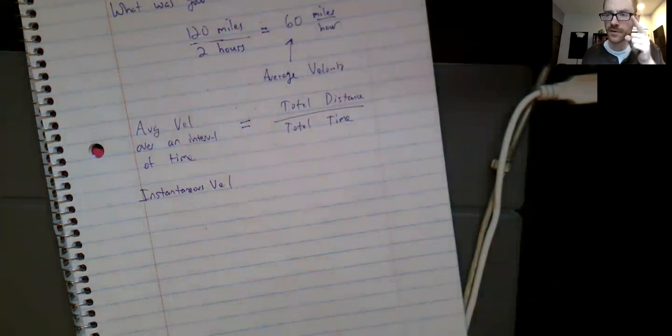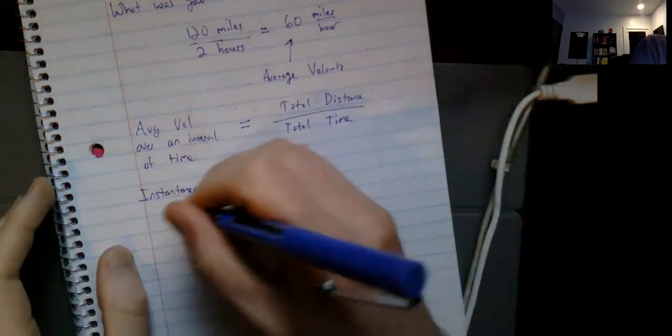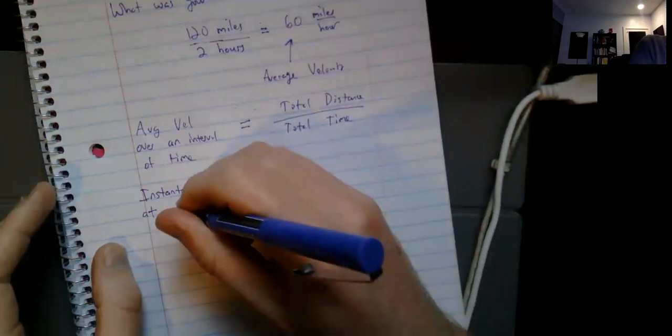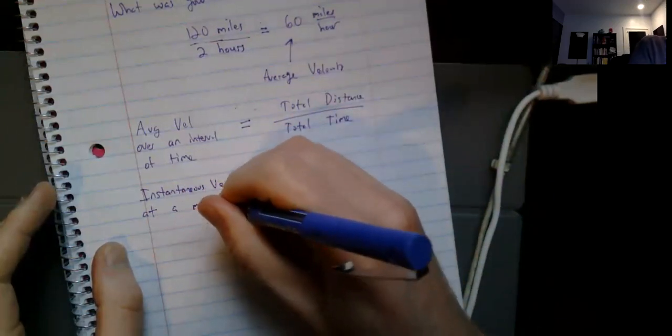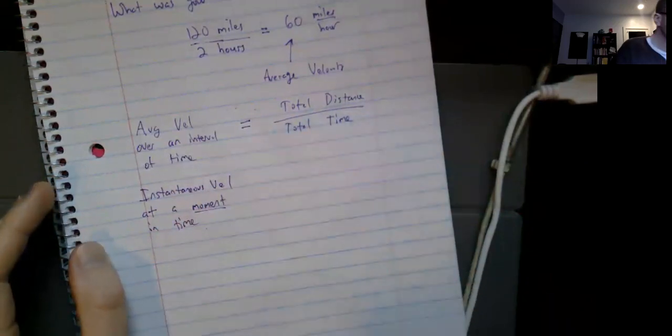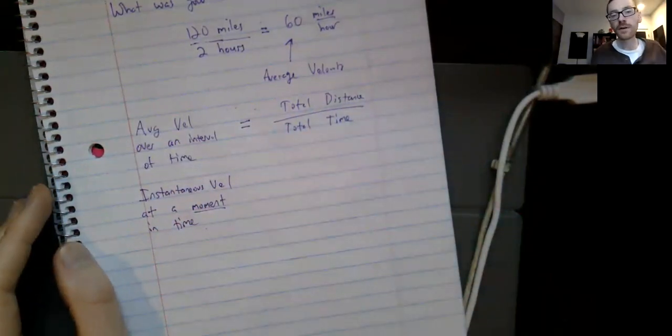It's what your speedometer is saying right now at this very moment, okay? So instantaneous velocity is something that we measure at a moment, an instant in time, okay? It's what your speedometer reads.